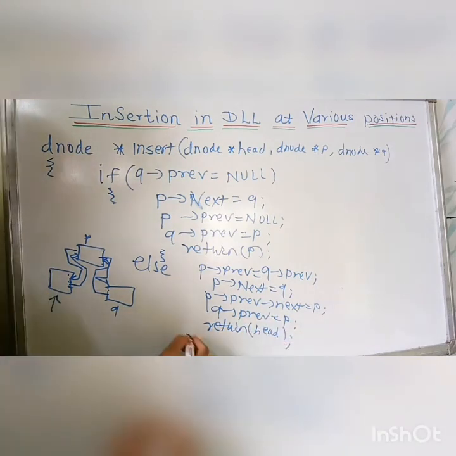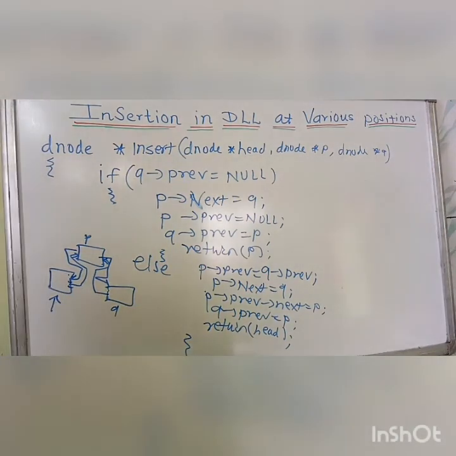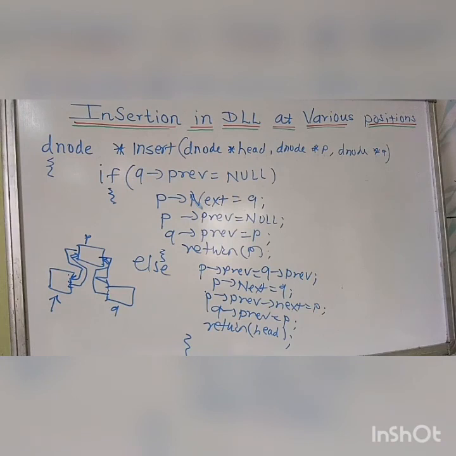Means we are starting from the previous node. Okay, so this is all about how to insert any one node before any specified node, and before this we had seen how to insert any new node after the previously established node in a linked list.